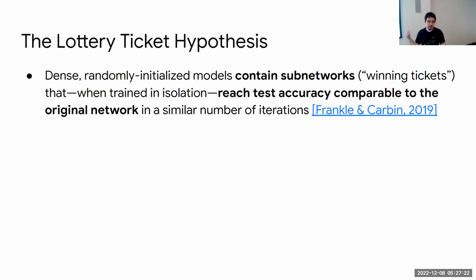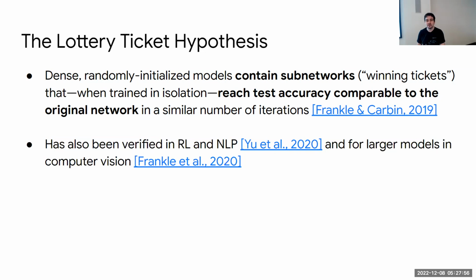That goes back to a paper from NeurIPS 2019, which observed that if you look at dense, randomly initialized and initially quite small models, these randomly initialized models contain sparse subnetworks that, if you only train them in isolation, can reach the same test accuracy, in that case on some computer vision tasks, as if you trained the full model doing regular fine-tuning.